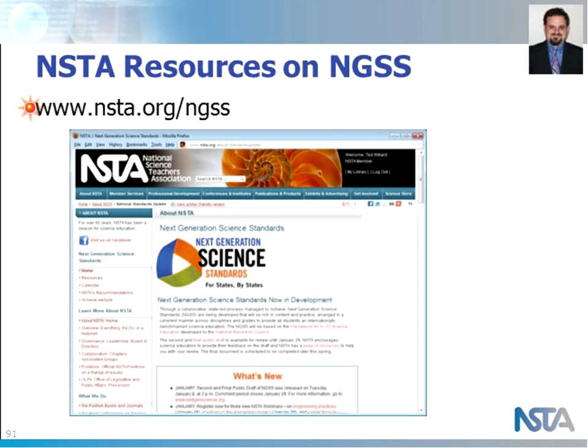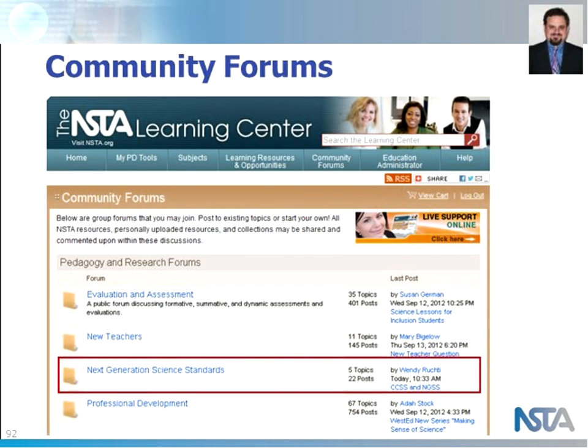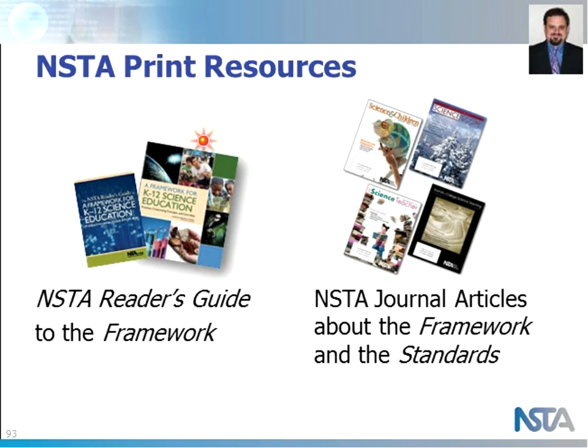You can also get to it directly at nsta.org/ngss. We also have a community forum specifically focused on the Next Generation Science Standards, where you can continue the conversation you've been having here tonight in the chat. We've been talking a lot about the framework, and I encourage you to take a look at it. NSTA also has a reader's guide to the framework, which may be helpful.